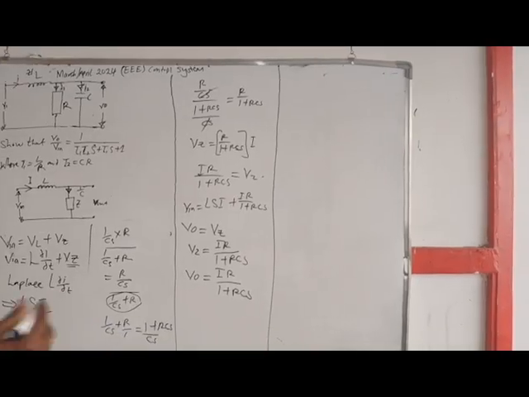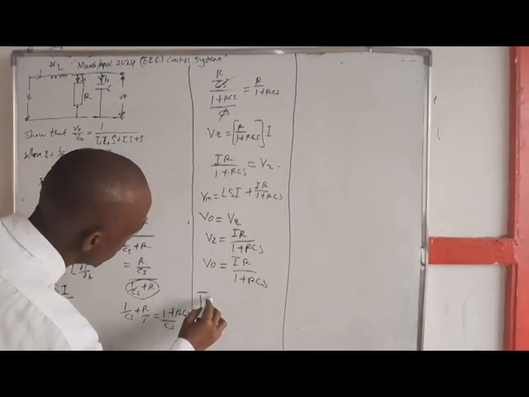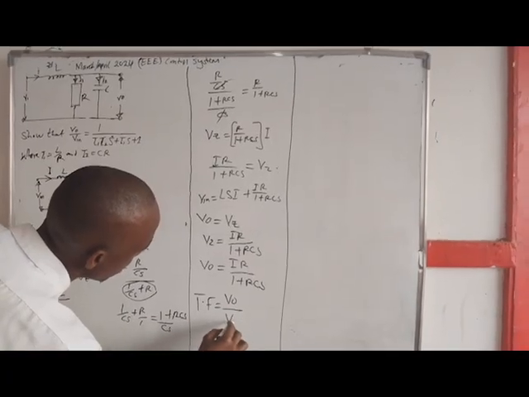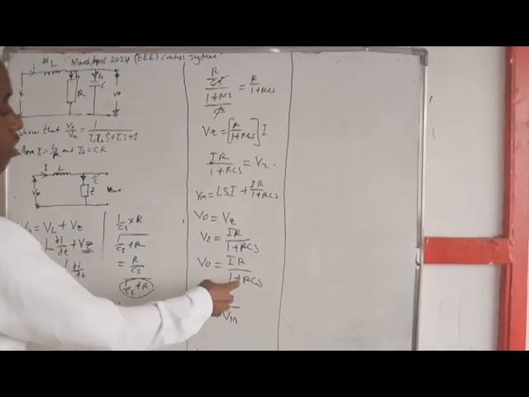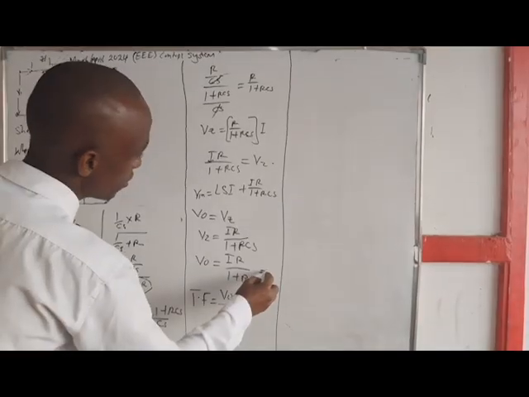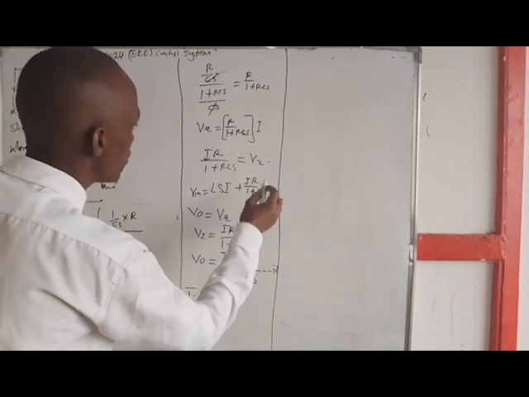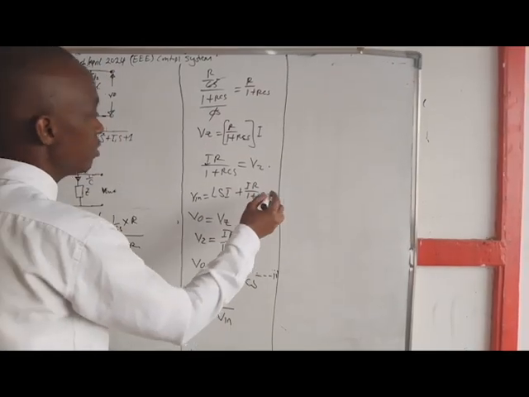Now our transfer function, TF, is given by VO divided by V in. This is our VO, equation 2. This is our V in, equation 1.